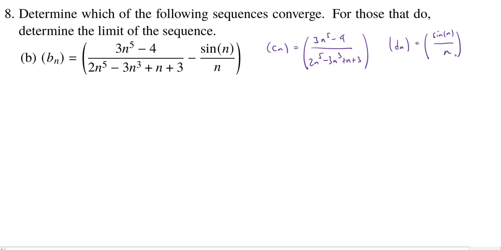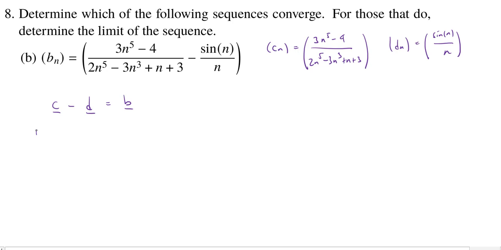The reason it'll be handy to look at these different sequences is that if I subtract the sequences c and d, this is equal to the sequence b.